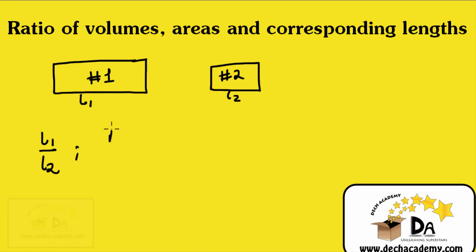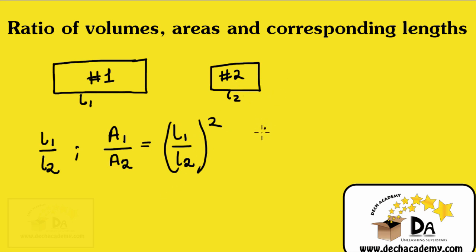The ratio of the area of the larger rectangle to the area of the smaller rectangle is equal to the ratio of the length of the larger rectangle to the length of the smaller rectangle, all squared. So in general, if you have two similar shapes, the ratio of the areas is equal to the square of the ratio of the lengths.